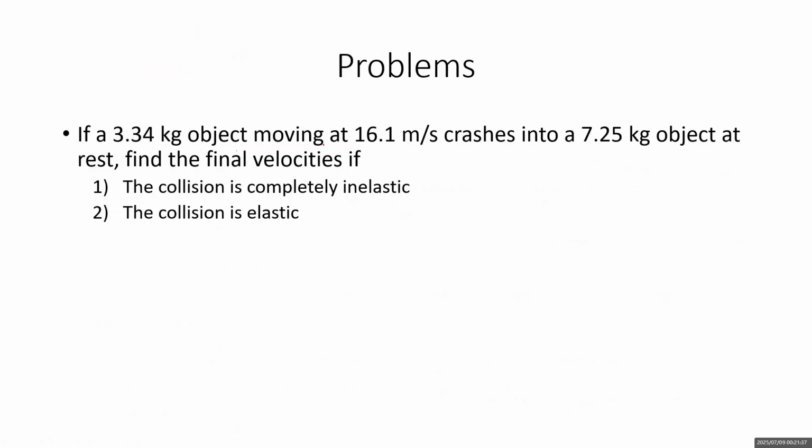A 3.34 kilogram object moving at 16.1 meters per second crashed into a 7.5 kilogram object at rest. Find their final velocities if the collision is completely inelastic and if the collision is elastic. Well, for the first case, we just have M1, what we've been doing, V1 initial equals M1 plus M2, V final.